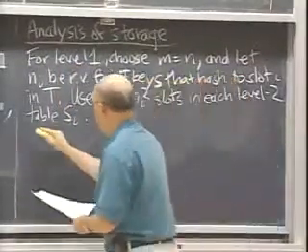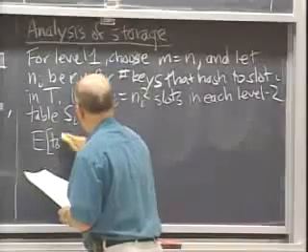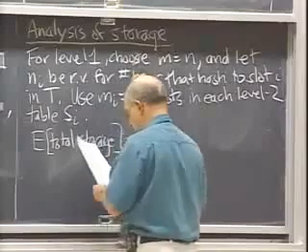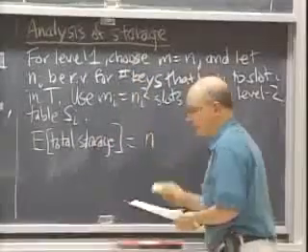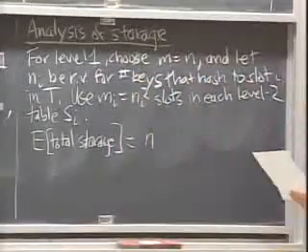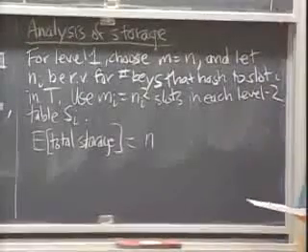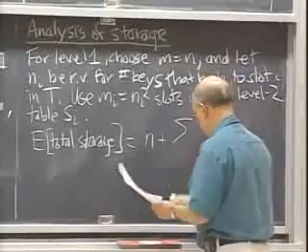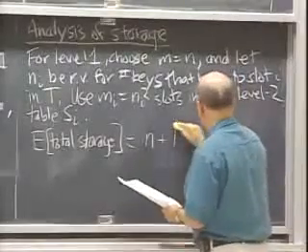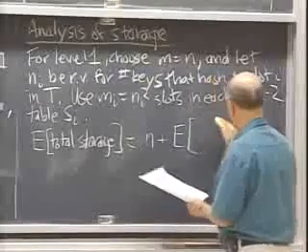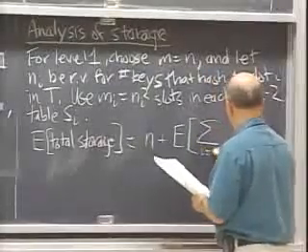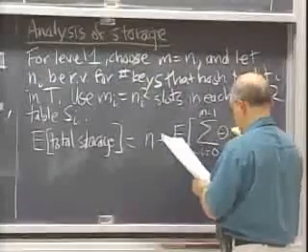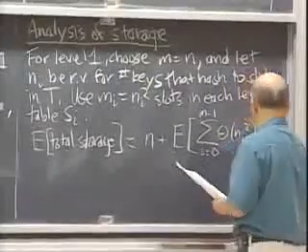So the expected total storage is just n for level 1, order n if you want, okay, but basically n slots for level 1, plus the expected value of the sum, i equals 0 to m minus 1, of theta of n sub i squared.